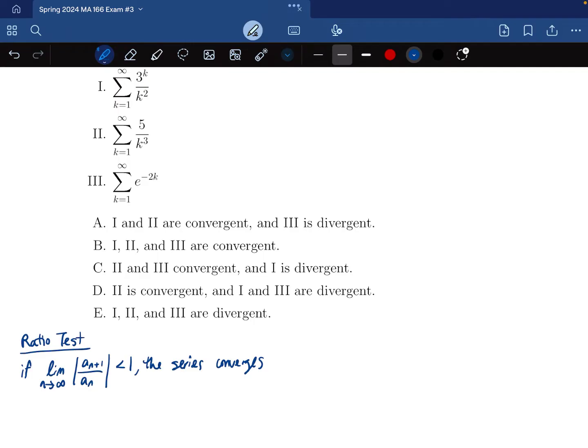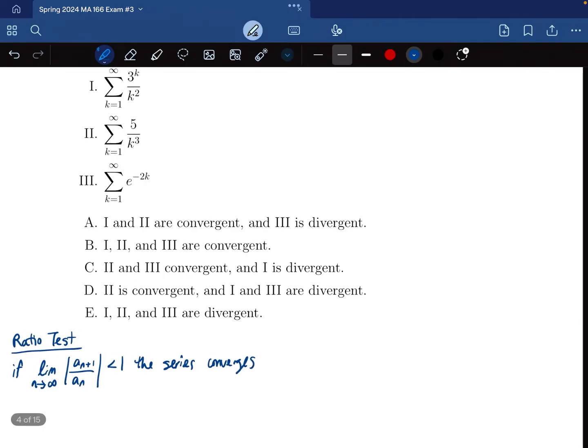If it is greater than 1, the series diverges. And if it equals 1, the result is inconclusive.